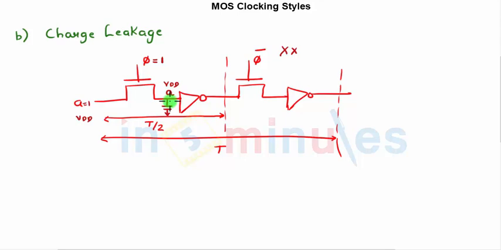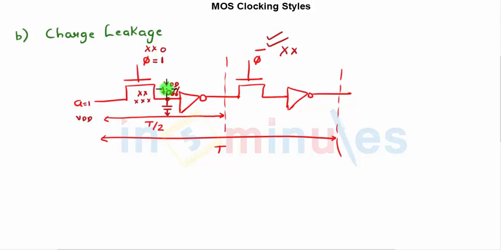Now when phi goes to 0, this becomes off, this is on. When this is off, it technically has to hold the value of VDD at this node. But because this transistor is off, and there are a lot of reverse leakage currents which flow, due to this charge leakage problem this node might lose its value, and hence we might get a wrong output.